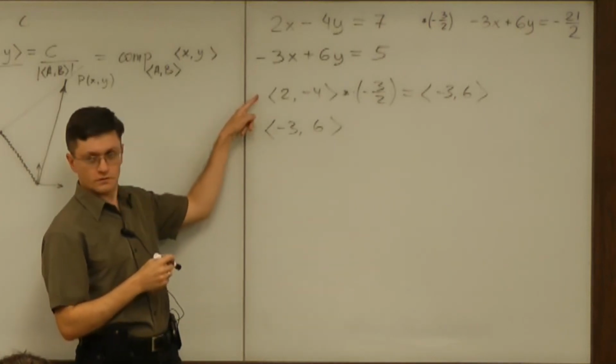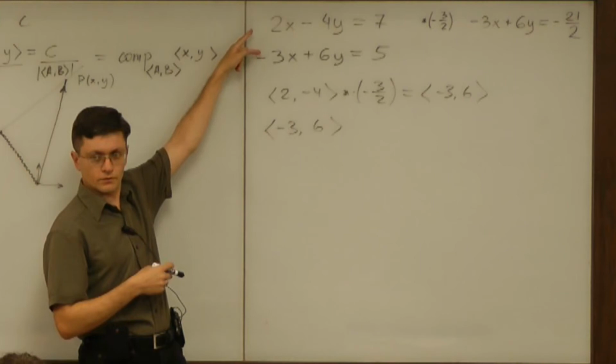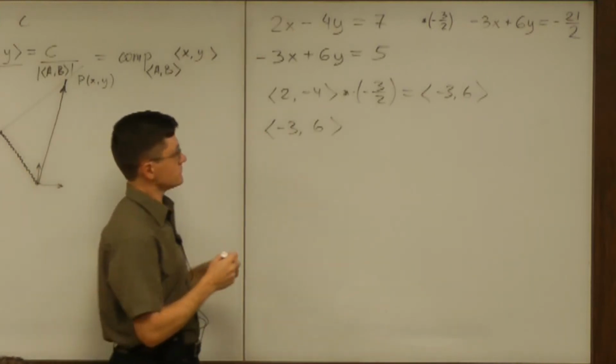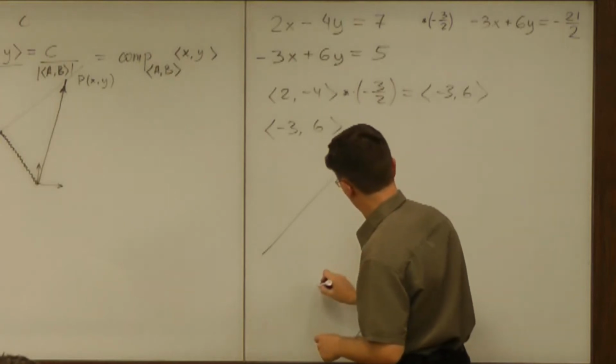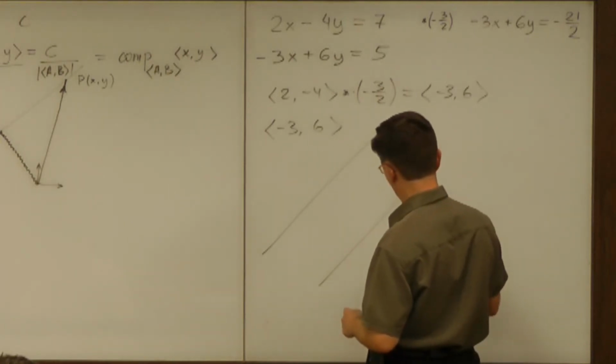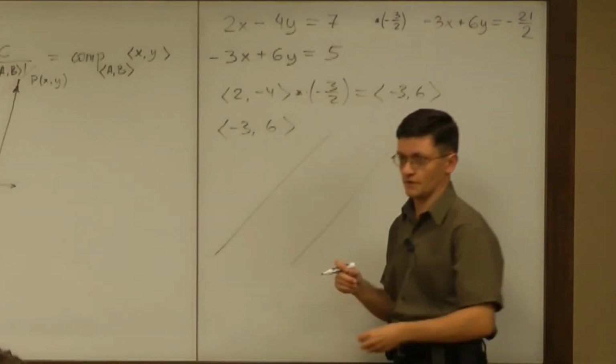So if the vectors are proportional, then the lines are parallel, but of course those are different lines. And now it makes sense to ask about these two lines, what the distance is between them.